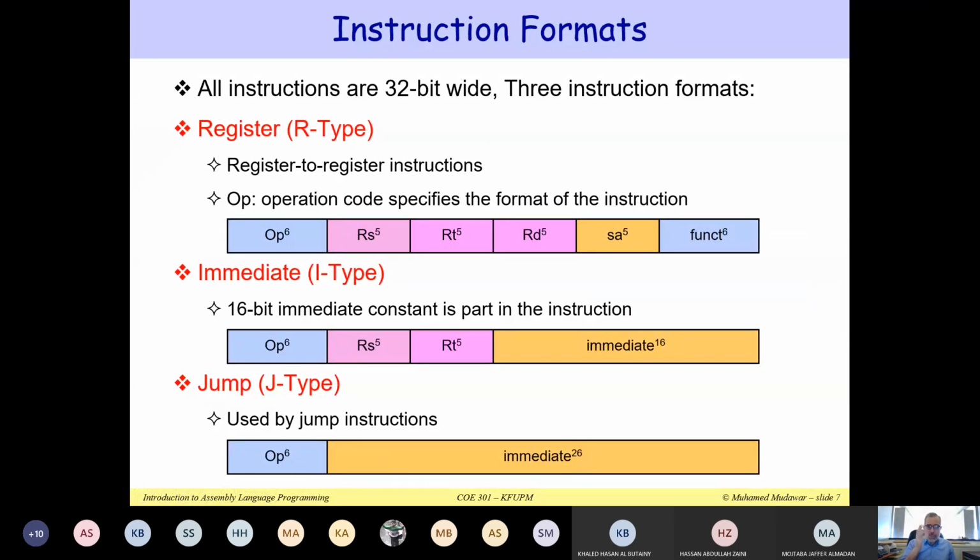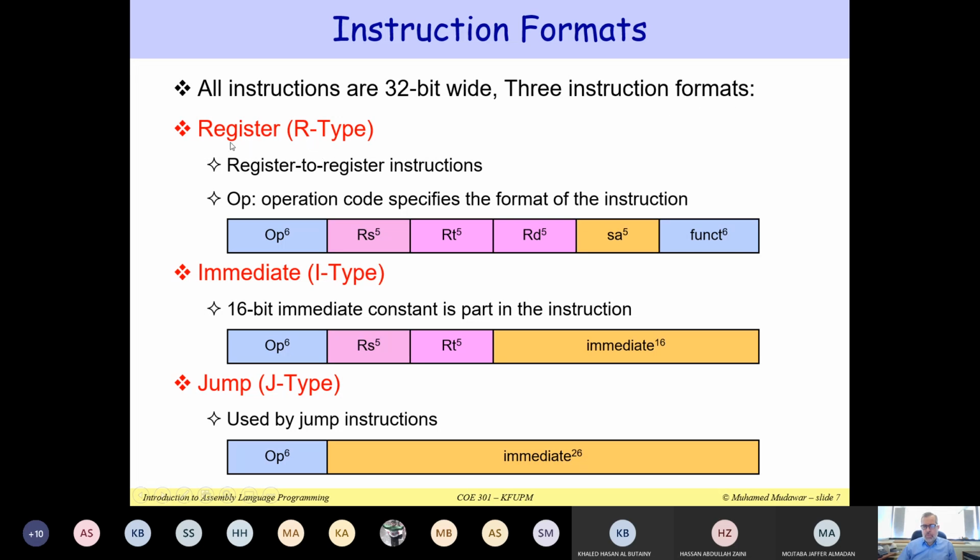The instruction formats are explained in this slide. All the instructions are 32 bits wide. The nice thing about the MIPS architecture is that it forces all the instructions to be 32 bits. So each instruction in memory is 32 bits, and there are 3 instruction formats.